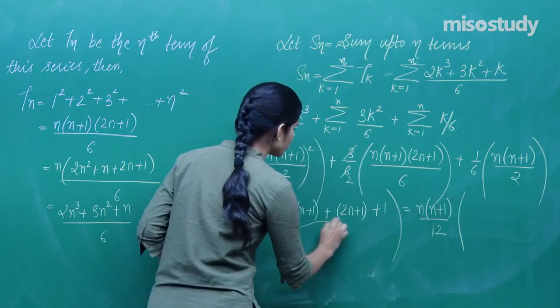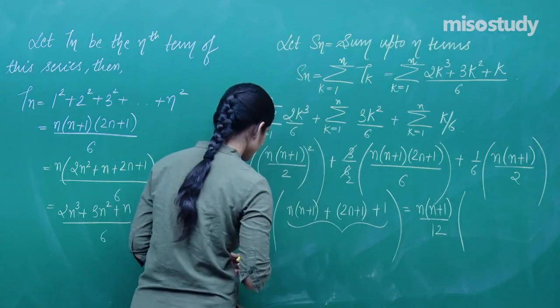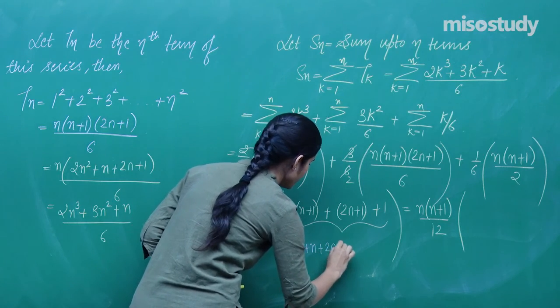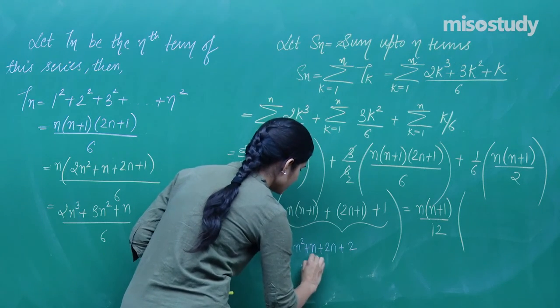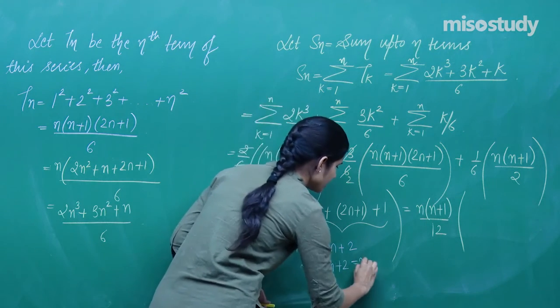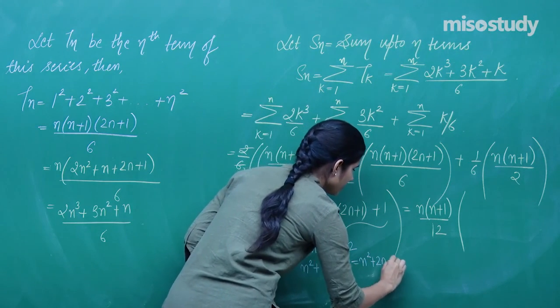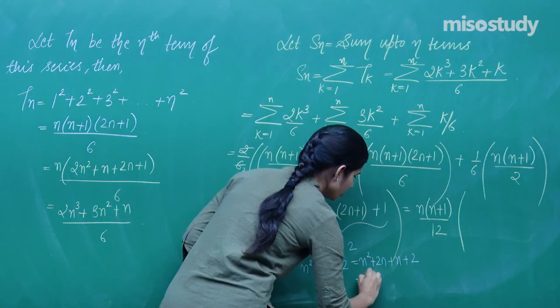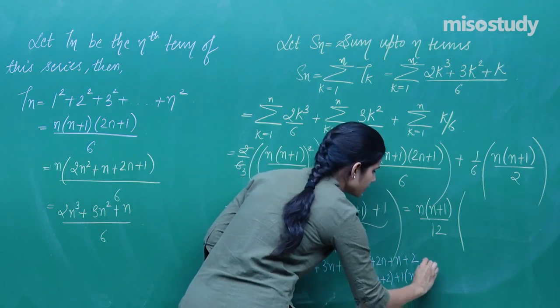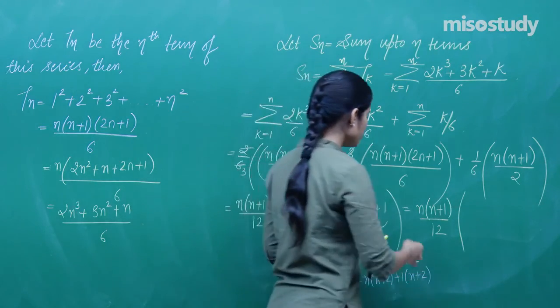So eventually this is n square plus n plus 2n plus 2. So this is n square plus 3n plus 2, which is n square plus 2n plus n plus 2, which is n into n plus 2 plus 1 into n plus 2. So you have n plus 1 into n plus 2.